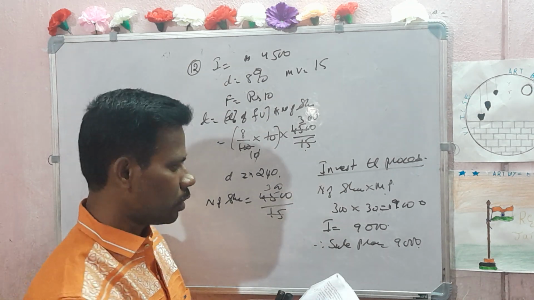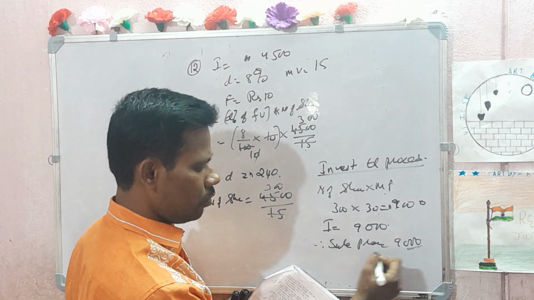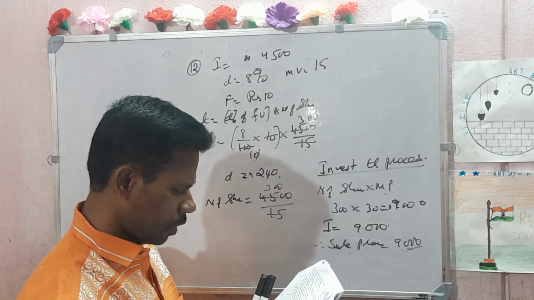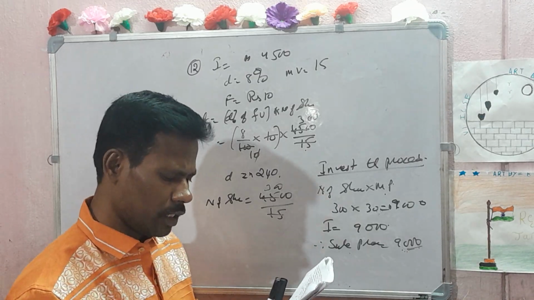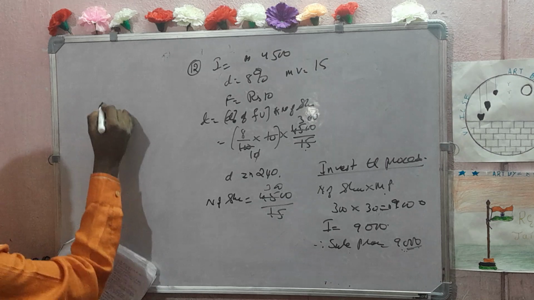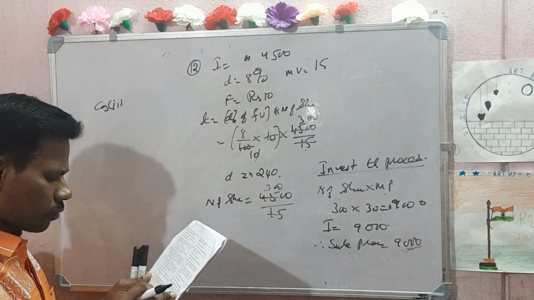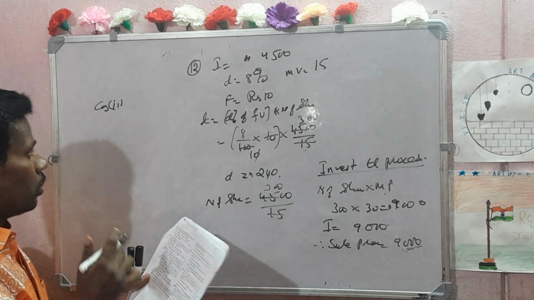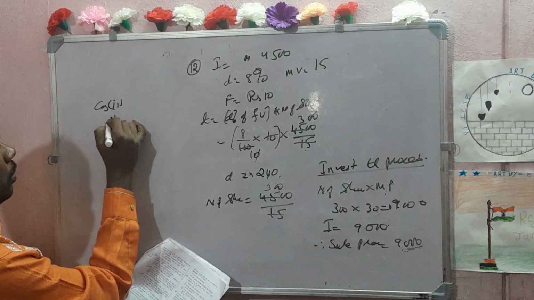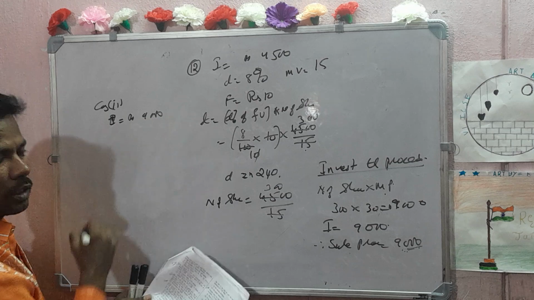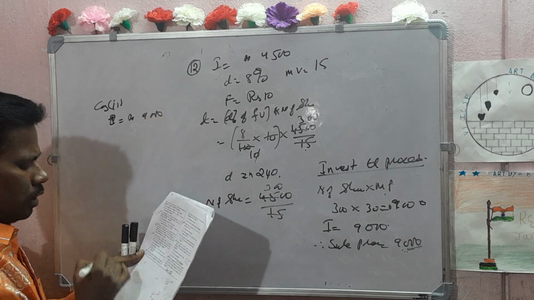Let us come back to this. Total investment, which I told you will become the new investment. Again write down all the given conditions for case 2. Investment is equal to rupees 9,000, that is the sale proceeds.